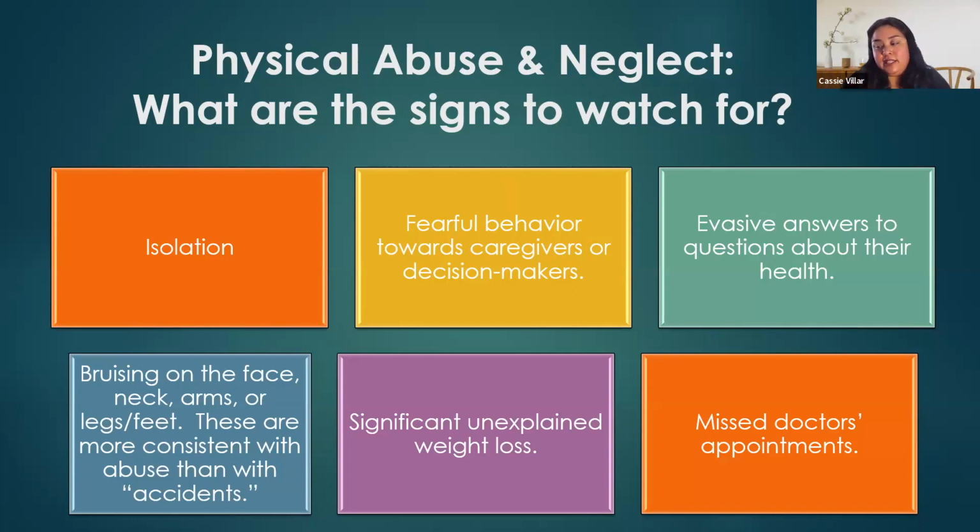I always like to say the one tool you cannot buy on Amazon is your intuition. Your intuition surely guides you in the right direction. If you're feeling like something's off, and this person is fearful or uncomfortable around caregivers or decision makers, maybe avoiding health questions, missing doctor's appointments, or all of a sudden you see a woman a month later and she's lost 25 pounds.